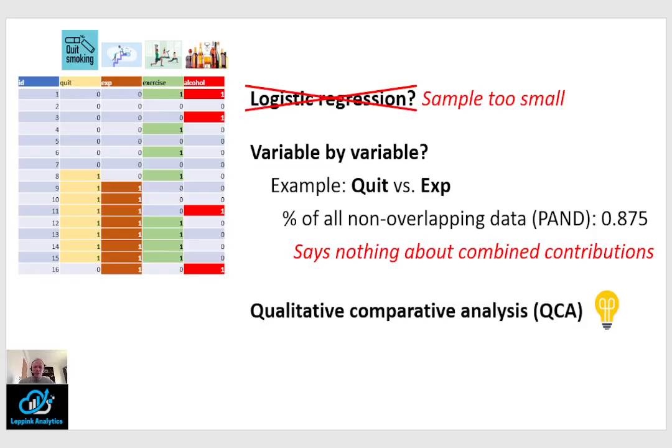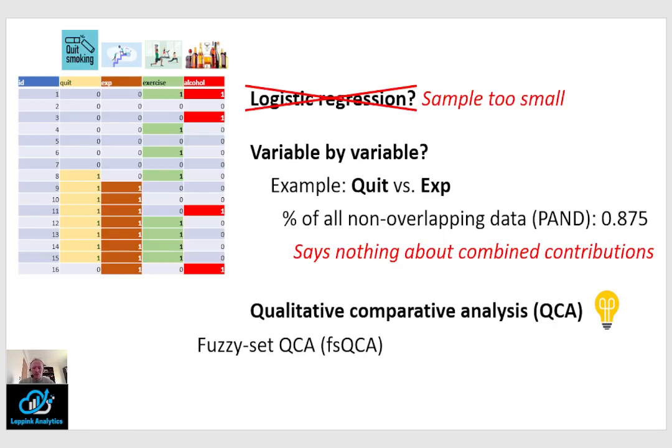So this is where qualitative comparative analysis comes in. When non-dichotomous variables are concerned, we can perform a so-called fuzzy set qualitative comparative analysis, fsQCA, on which I will show examples in future videos on my channel.